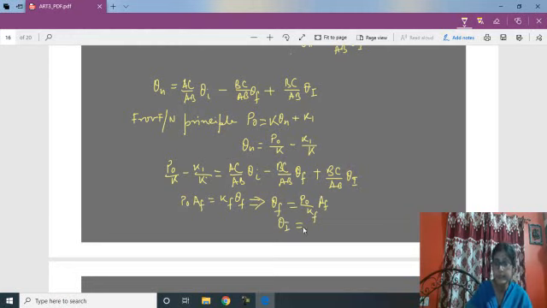This is for the integral bellows element. Actually, we are trying to find this theta F and theta I, which we are getting from equation 1.